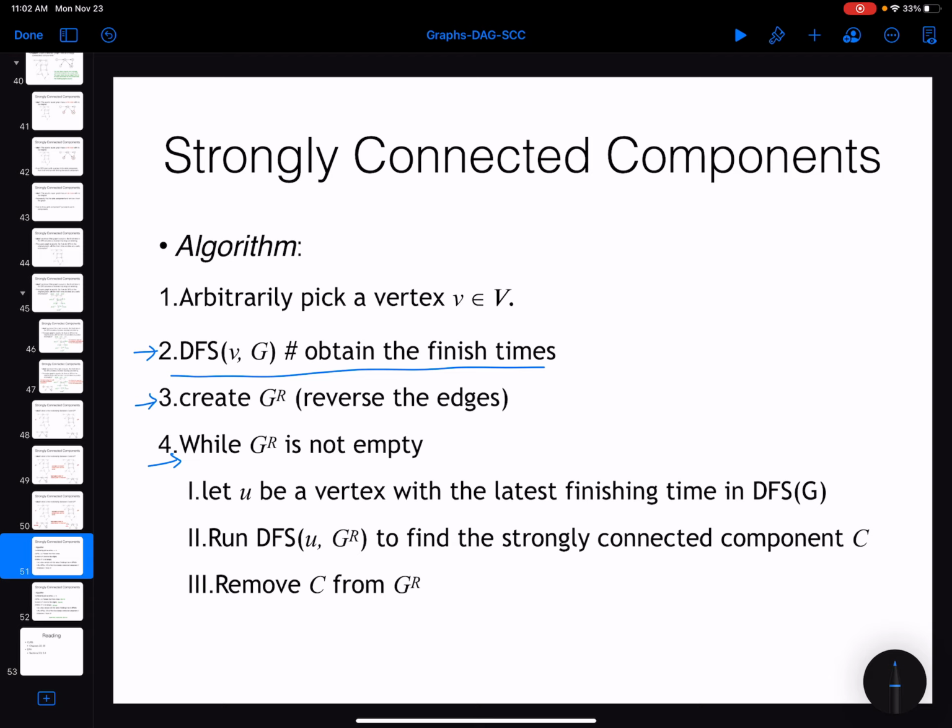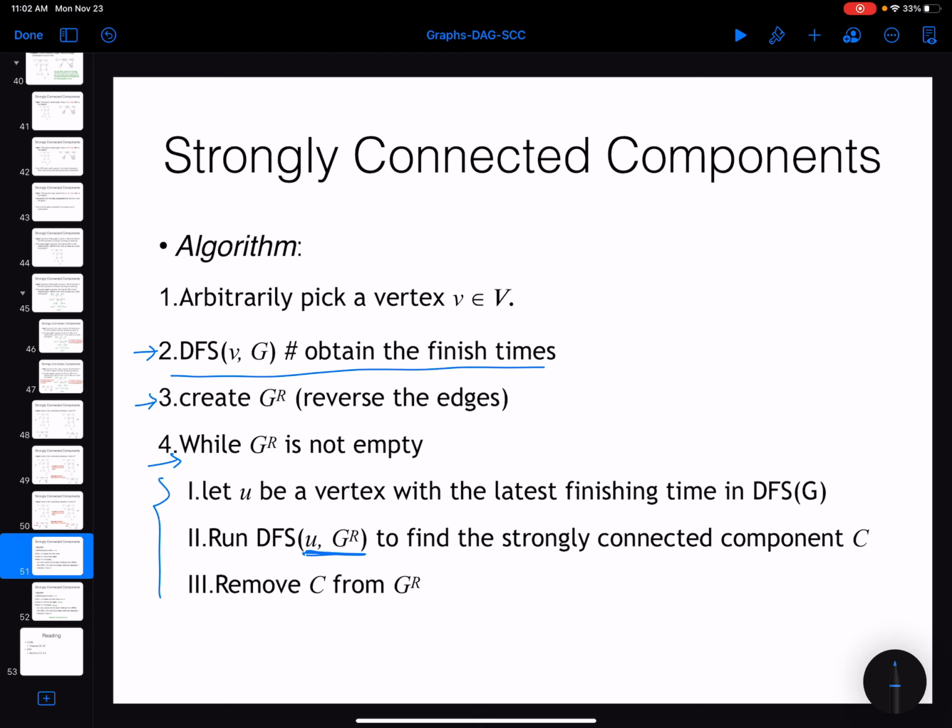That's going to be a part of a source component in the original graph, which is a sink component in the reverse graph. Run the DFS over that node in the reverse graph. This is going to give you one complete component. Remove that component from the reverse graph and just repeat this procedure.